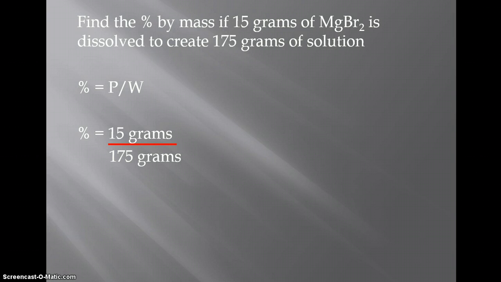So if I was to set up the equation, it would look like this. 15 divided by 175, and again, this should be right there in your notes, if you're setting up the problem yourself. And then your answer would be 8.57% if you completed the problem. And so that would be how you do that percentage.